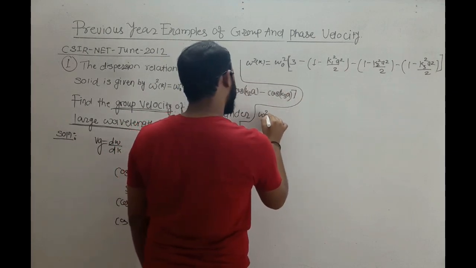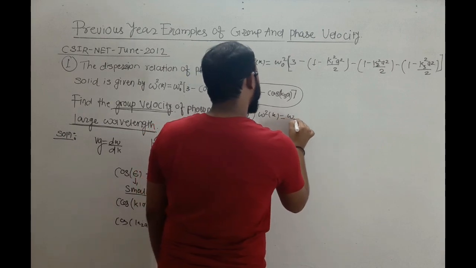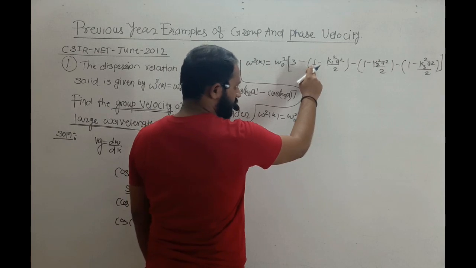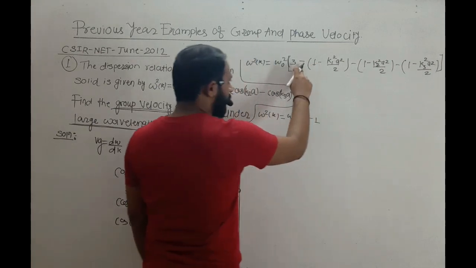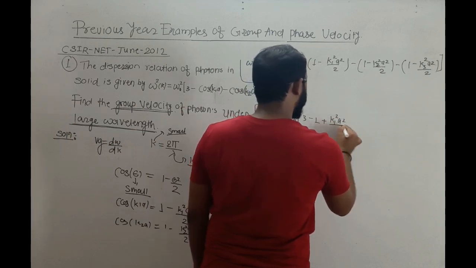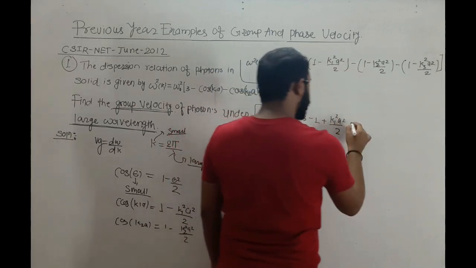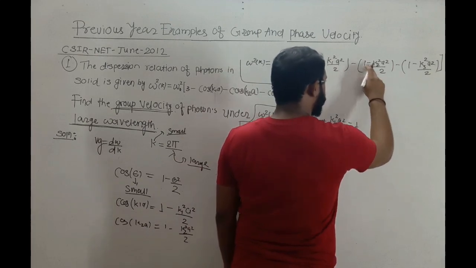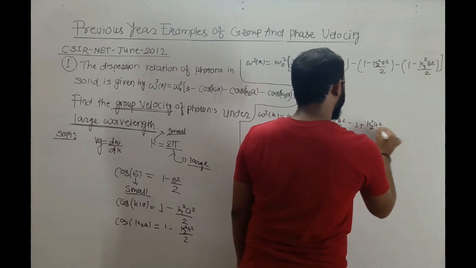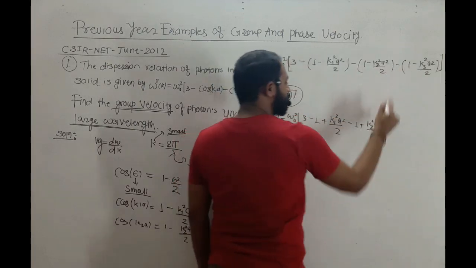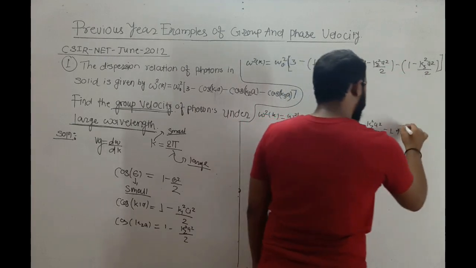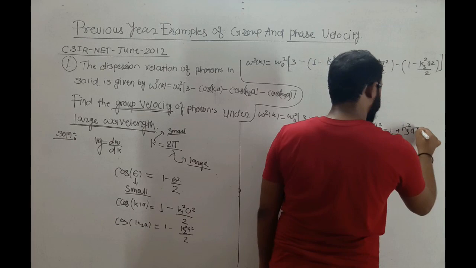Omega square of k equals omega naught square, 3 minus 1 plus k1 square a square by 2, minus 1 plus k2 square a square by 2, minus 1 plus k3 square a square by 2.